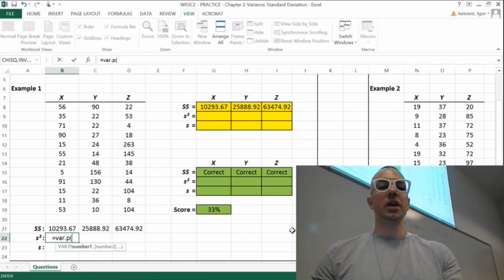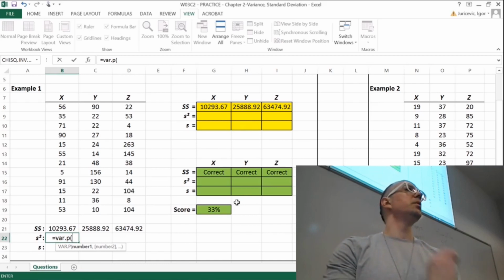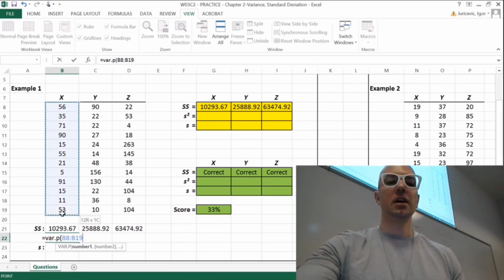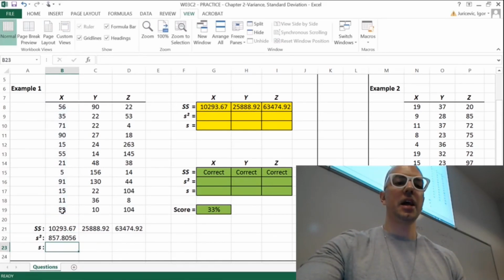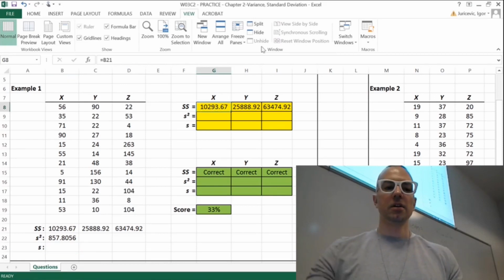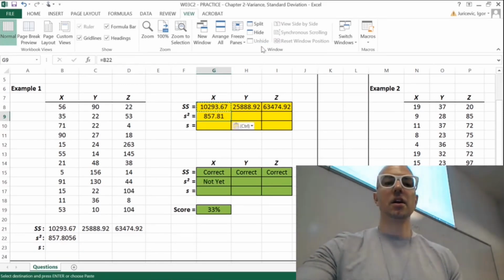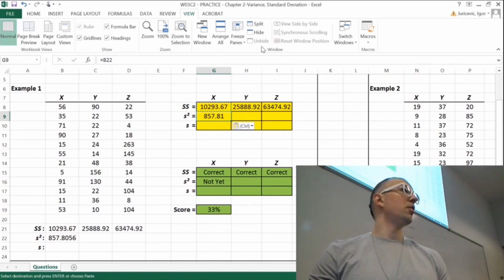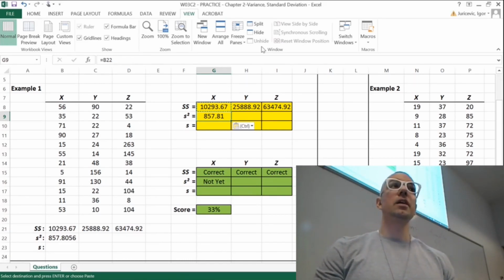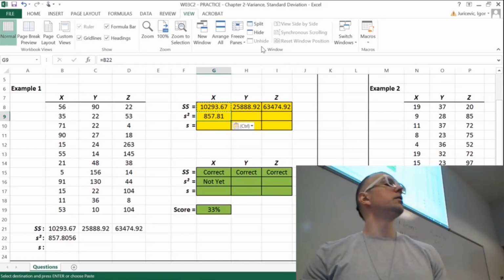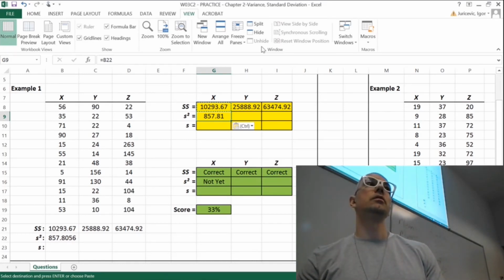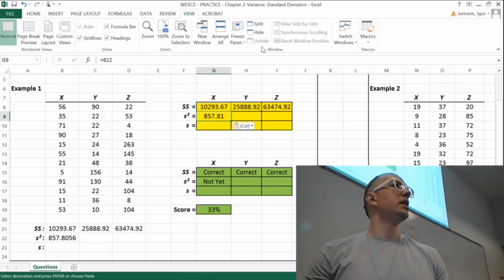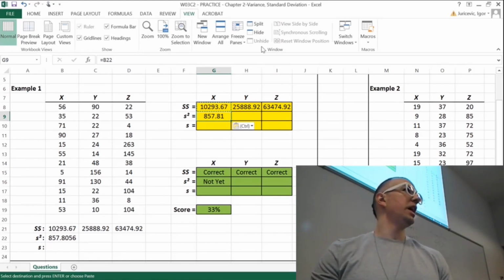So that's what we would want if we were calculating population variance. But if you're calculating sample variance, just to illustrate this, notice that when we pop it into our answer cells, it's incorrect. So population variance, that formula will give you a very different number than sample variance. So be careful that you read which one is being asked for.